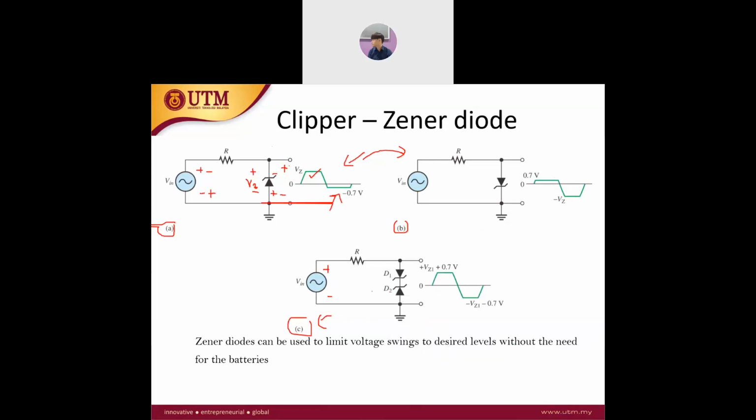D2 is on for the ZENER diode, so you have positive, then you have negative, VZ2, because it's due to diode 2, and D1 that time is turned on because it's forward bias. So you're going to have VD here. Okay, it's not VZ but VD. So positive, minus.